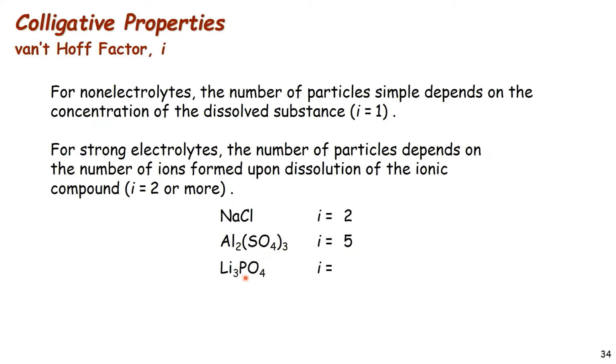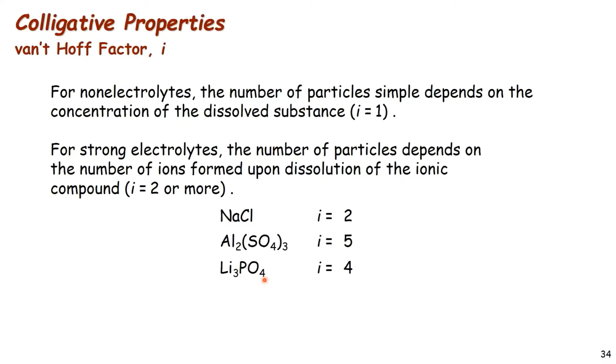So what is i? It's 4, not 7. So knowing how to name your compounds and knowing how to write molecular and complete ionic equations makes determining i easy. So it's going to be 4. There's 3 lithium ions and 1 polyatomic phosphate PO4 3- ion.